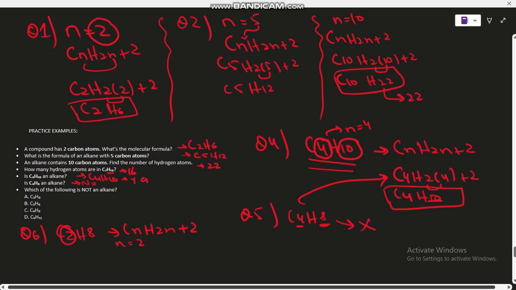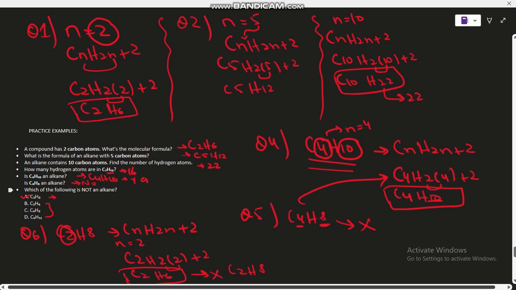What we will do is place 2 in place of the n. So this is 2×2 plus 2. So this is C2, this becomes 4 and plus 2 becomes 6. So the answer is C2H6, not C2H8, which means this is not an alkane, and this is what it asks you. So this is the answer. And you don't need to check the others because you've got the answer in the first place.